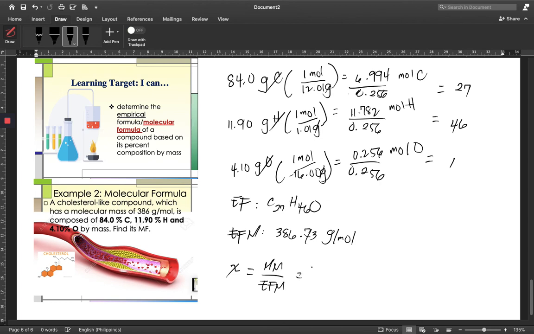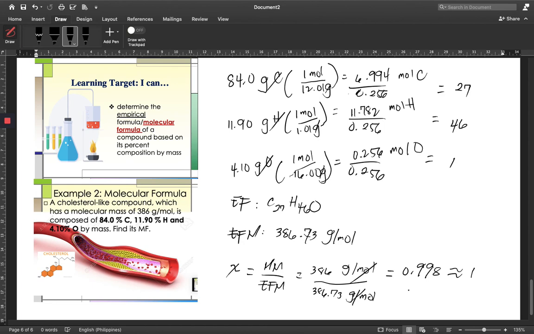So more or less, that's 386 grams per mole divided by 386.73 grams per mole. Now we can cancel the units, and our answer here is 0.998, which is practically equal to 1 already.